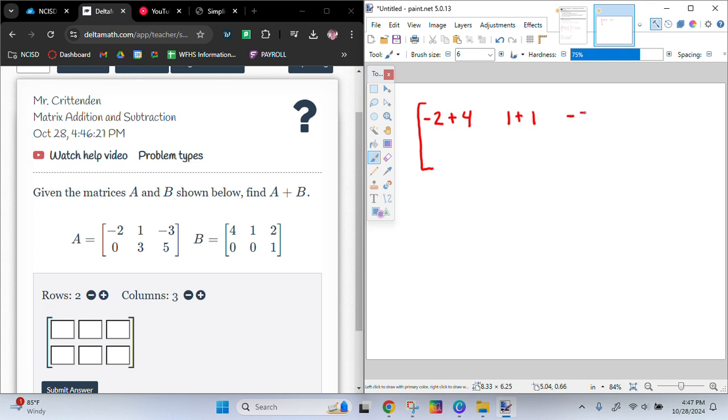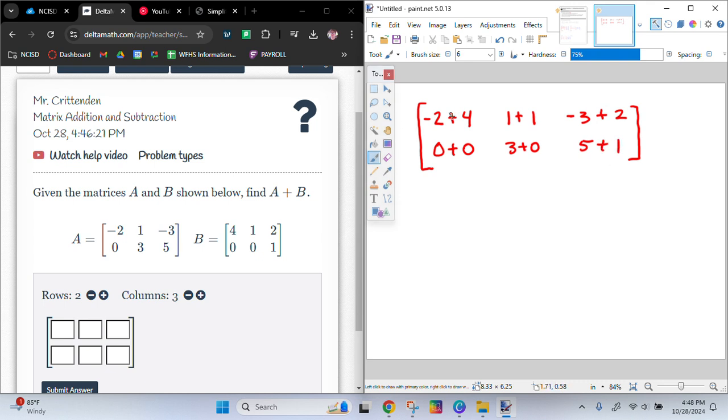C is -3, or sorry, column 3 is -3 plus column 3 is 2. So there's my first row. Second row, 0 plus 0. That's fantastic for both of them. 3 plus 0. And our last one, 5 plus 1.